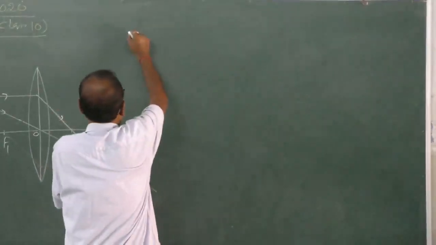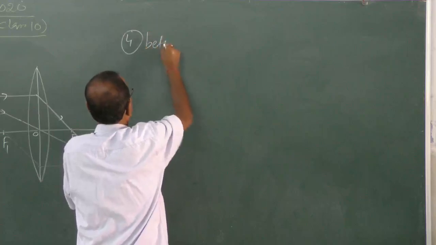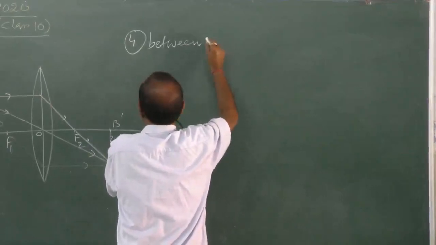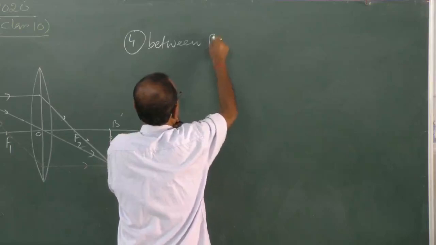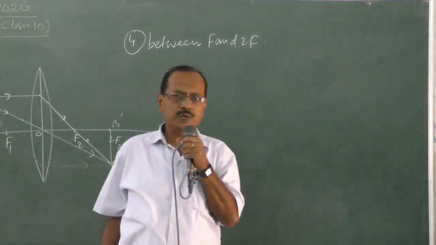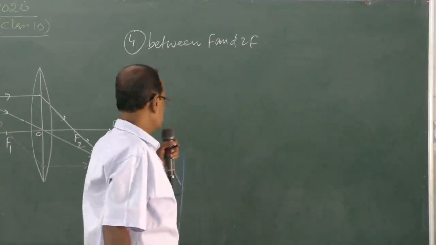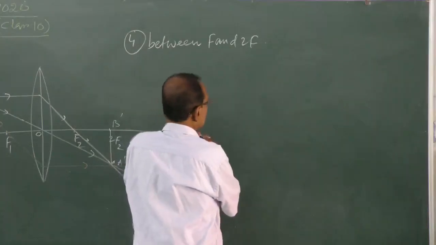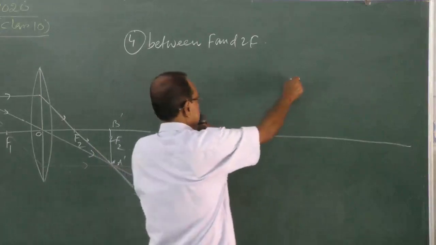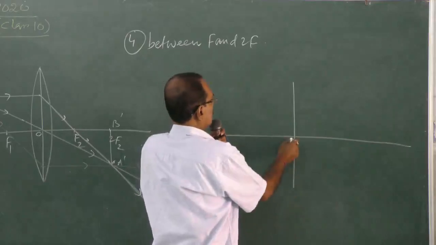Now number 4: the object is in between F and 2F, that is F1 and 2F1, or focus and center of curvature. Draw the principal axis, the optical center.